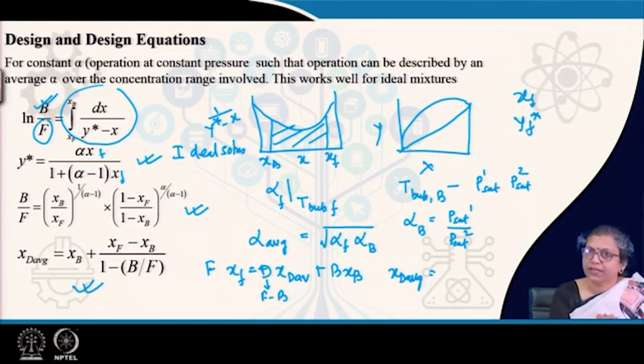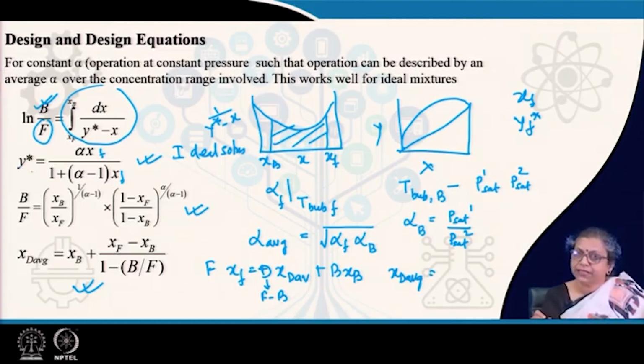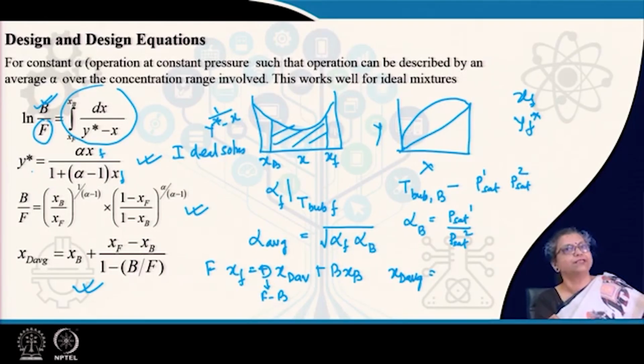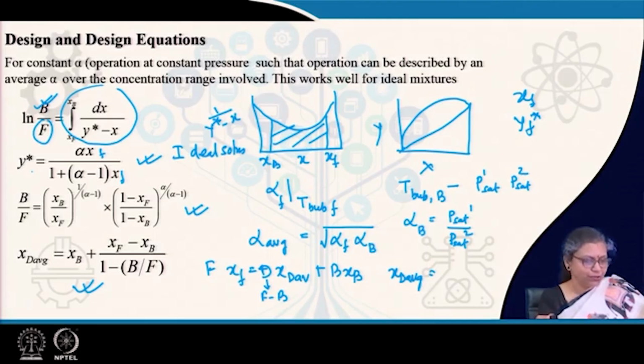If we find that this Y star is greater than that which is specified for the distillate, we go for this particular process. If we find that Y star is less, we know there is no point in proceeding with this particular process. We will either have to reduce the pressure, or else we have to go for a multi-stage column.